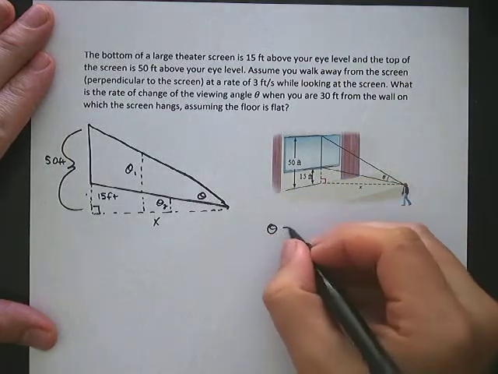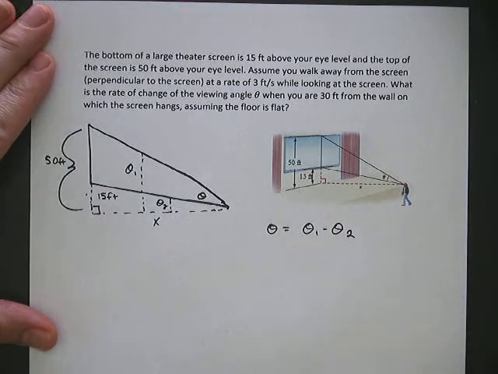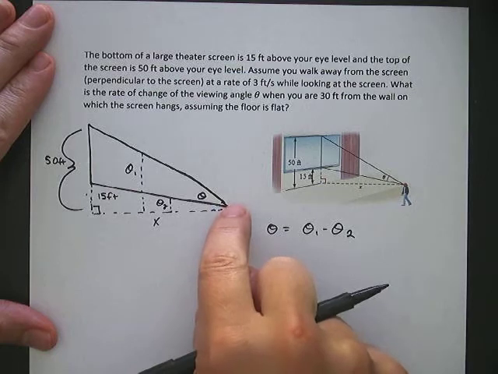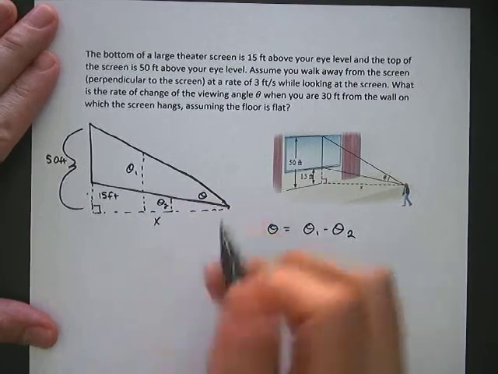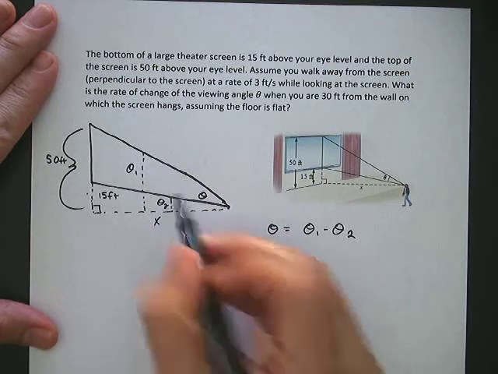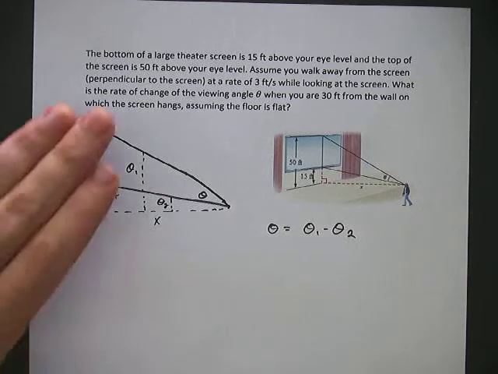So theta is equal to theta 1 minus theta 2. Given theta 1 and theta 2 both represent right triangles, because this one goes all the way up to the top line, and this one goes to the bottom line, that allows us to use the tangent function.